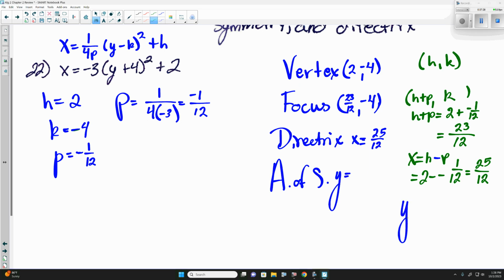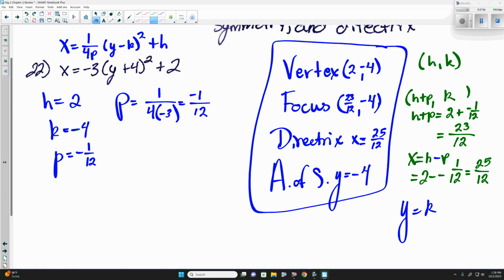And lastly, the axis of symmetry is y equals k. In our case, it is negative 4. Questions on any of this?